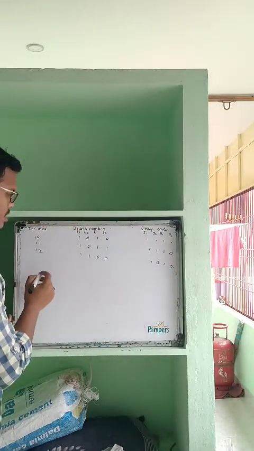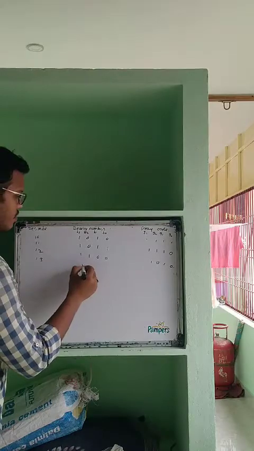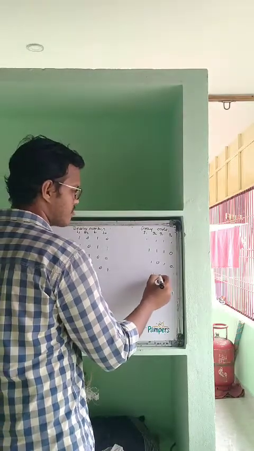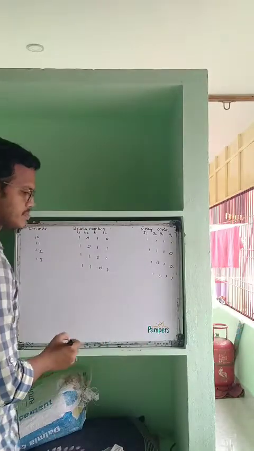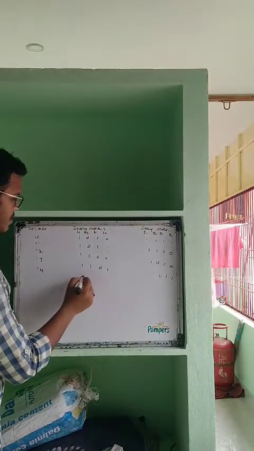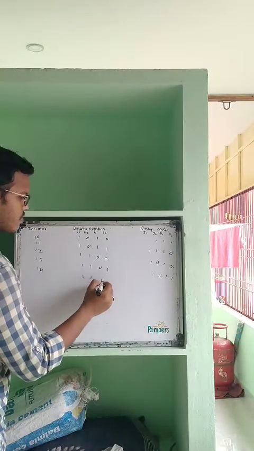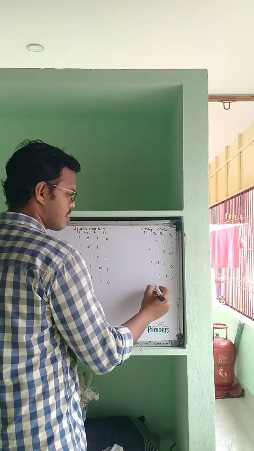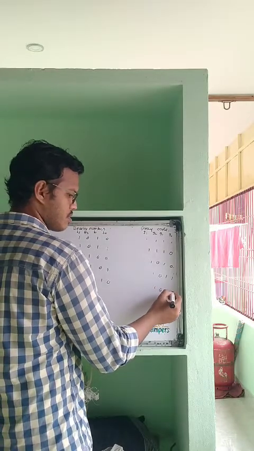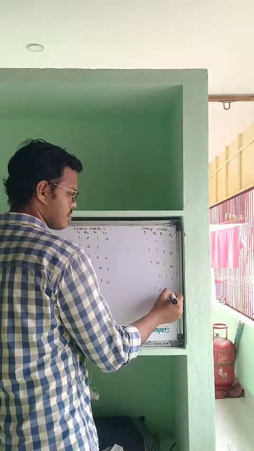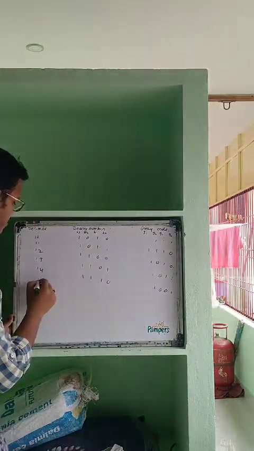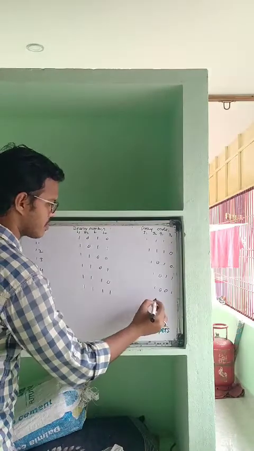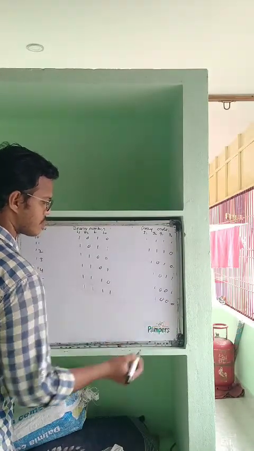Okay. 13 can be written as 1 1 0 1. Here 13 can be written as 1 0 1 1. 14 can be written as 1 1 1 0. Here it can be written as 1 0 0 1. 15 can be written as 1 1 1 1. Here it can be written as 1 0 0 0.